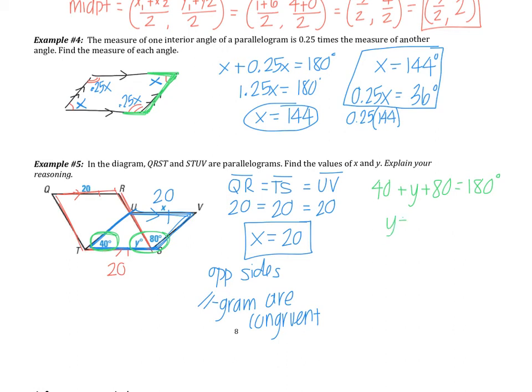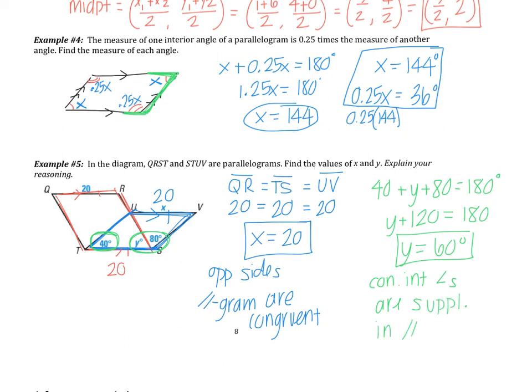So y plus 120 equals 180. y would equal 60 degrees. Again, my reasoning, those consecutive interior angles are supplementary. In a parallelogram, make sure you always add in that parallelogram. That's where we're able to use these facts.